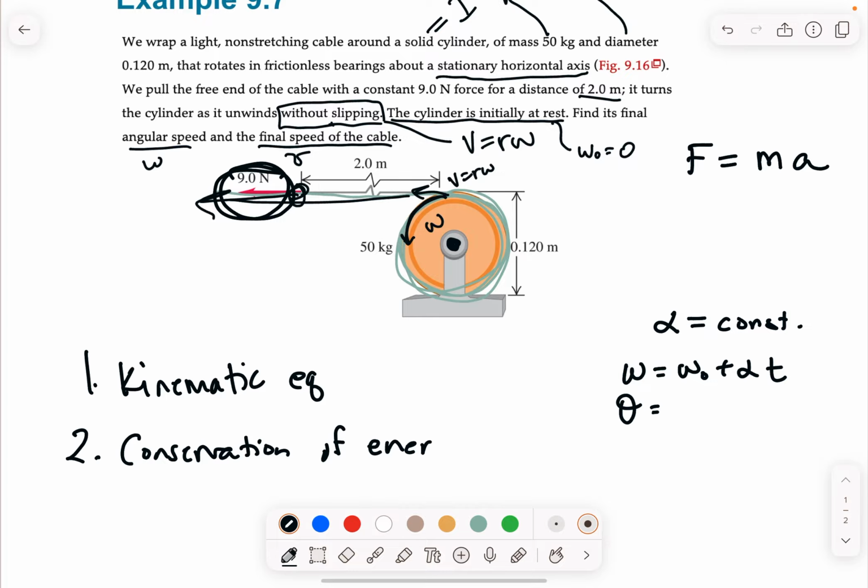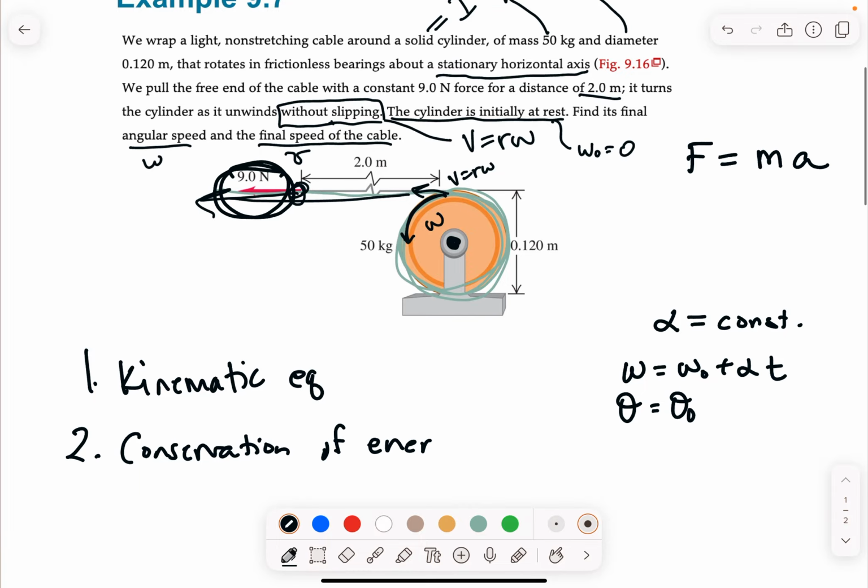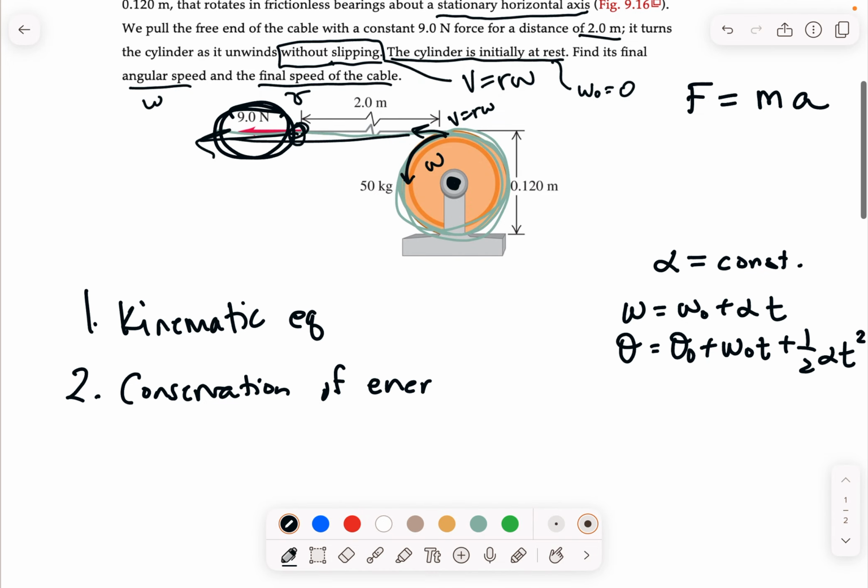For angular position, we have theta = omega naught t + 1/2 alpha t squared. Let's get another non-time-dependent one: omega squared = omega naught squared + 2 alpha delta theta. And I think those three usually work for me.